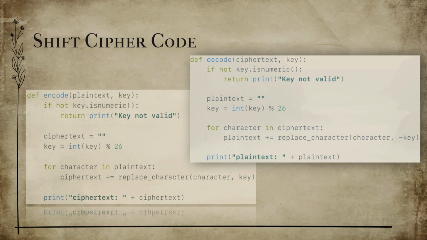Then for each character in plain text, we'll replace the character with the key using the function we discussed earlier. Finally, we'll print the ciphertext. Decoding is the same, except while replacing the characters, we'll use a negative key instead of a positive one.